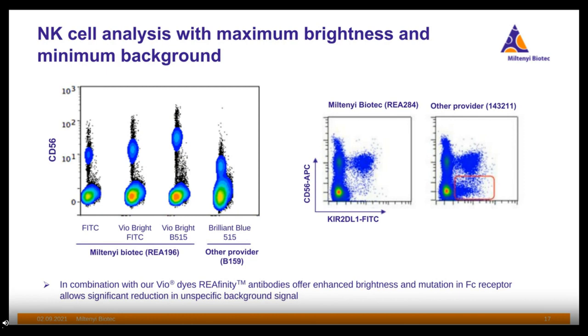On the right-hand side you can see that there is an unspecific response which is CD56 negative, and this potentially is coming from unspecific binding with some Fc receptor. So what you can see here is that, in combination with our Vio dyes, the antibodies are giving you enhanced brightness, and the mutated Fc region of our REAffinity antibody allows significant reduction of unspecific background signal.